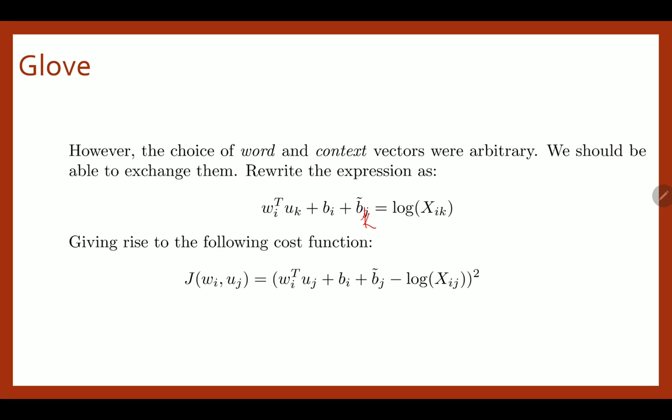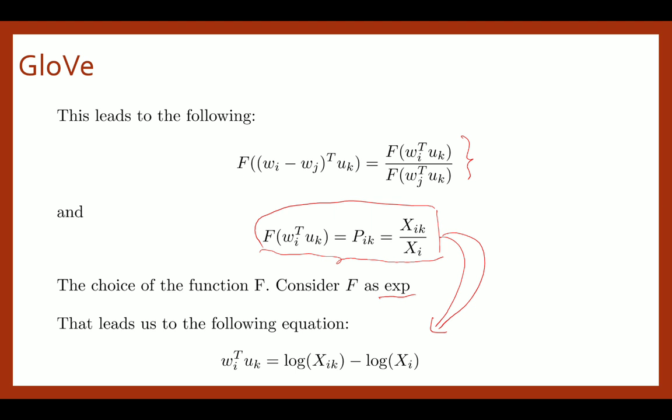Now our choice of the word and context vectors is arbitrary. If we replace anything as a word and a context vector, we should expect a similar kind of expression. But right now we see that this equation is not really symmetric with respect to the context vector and the target vector, because this log of Xi is only dependent on the target vector i.